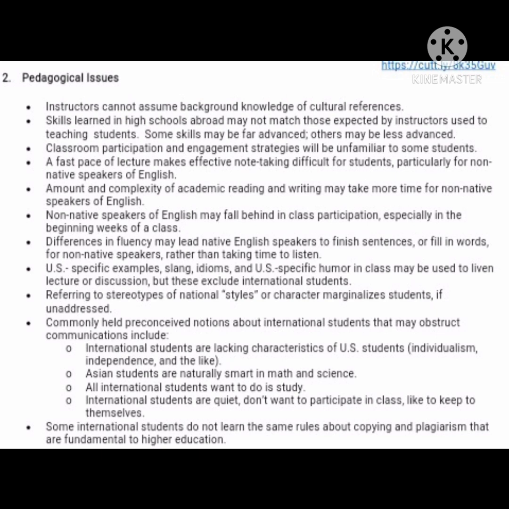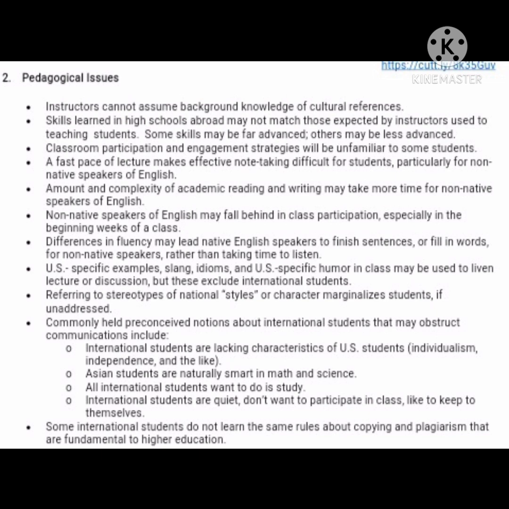instructors cannot assume background knowledge of cultural references. Second, skills learned in high school abroad may not match those expected by instructors used to teaching local students. Some skills may be far advanced and others may be less advanced. Then, classroom participation and engagement strategies will be unfamiliar to some students.